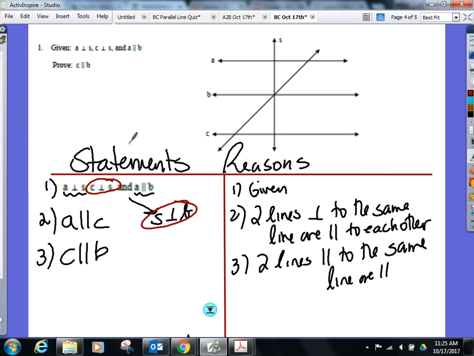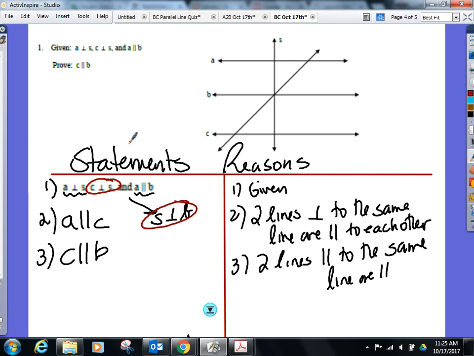Yeah, they're parallel, but not by the reason you used. You said two lines parallel to... Does everyone see that? Two lines, B and C, perpendicular to the same line are parallel. So I could have gotten C and B parallel that way. Everyone see the alternative way? Okay, I could have started out a little bit differently and still gotten there.